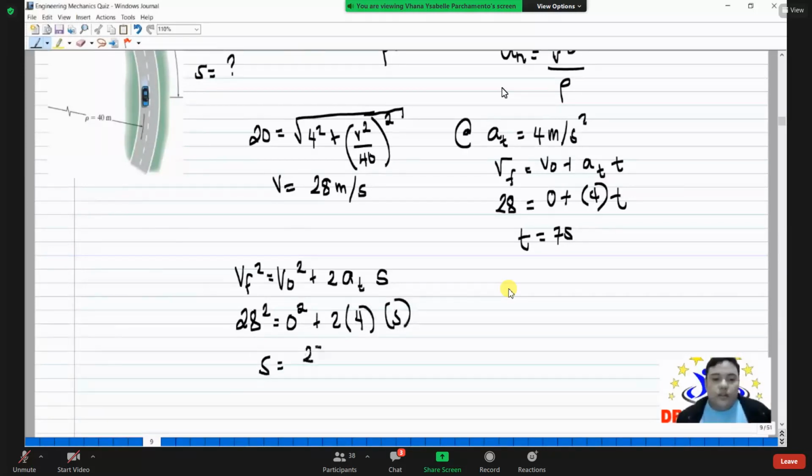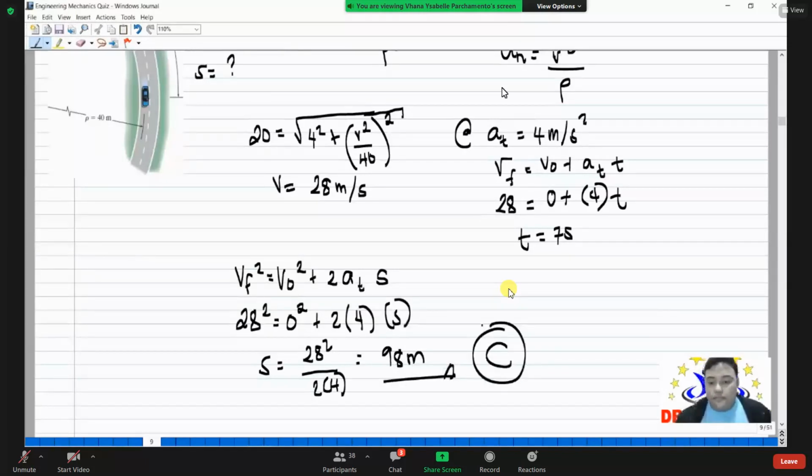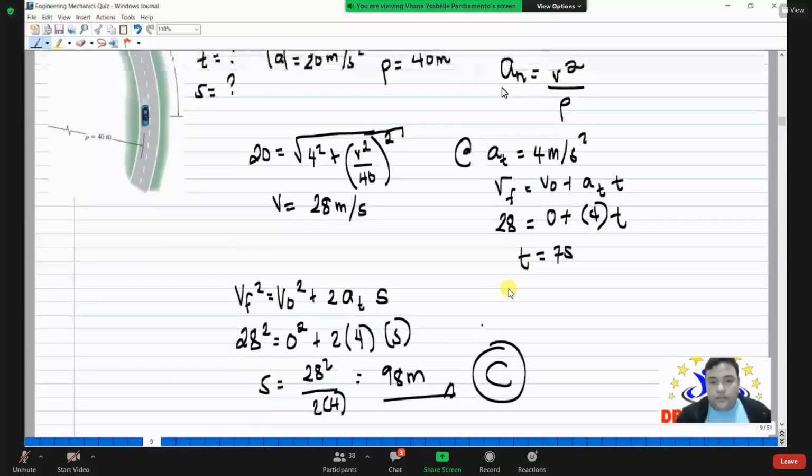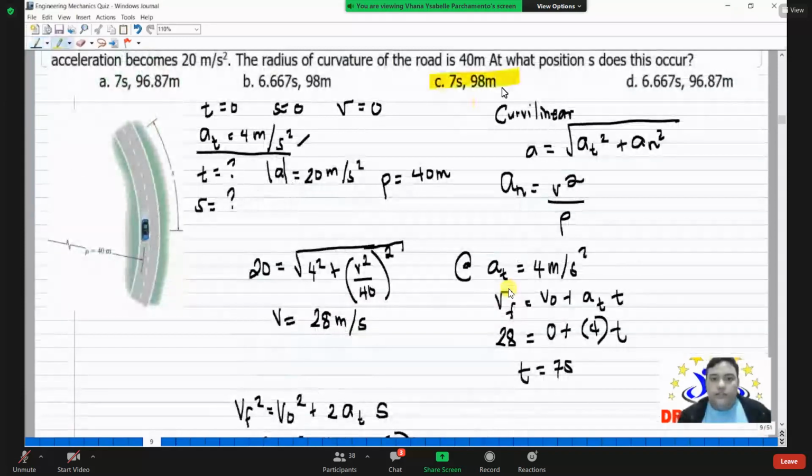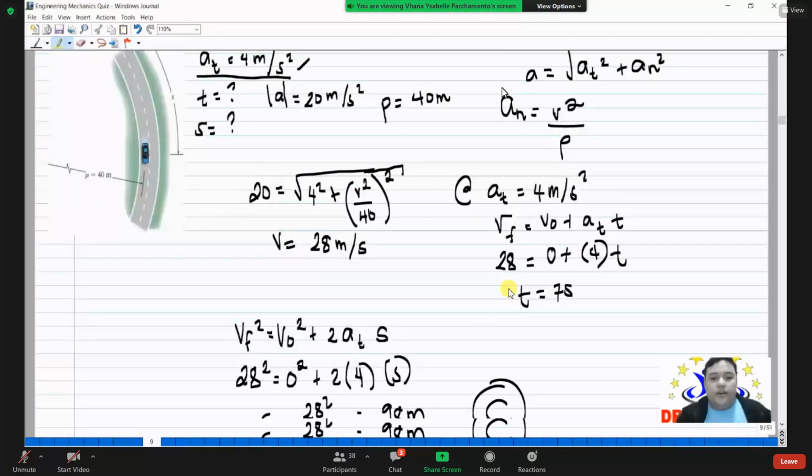So, s is equal to 28 squared all over 2 times 4, which is equal to 98 meters. Letter C. So, letter C po yan. I-screenshot na lang. First part, then second part.